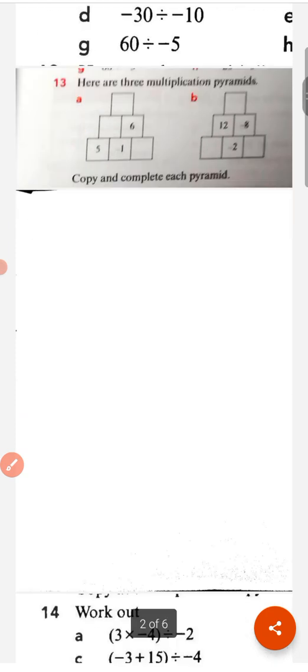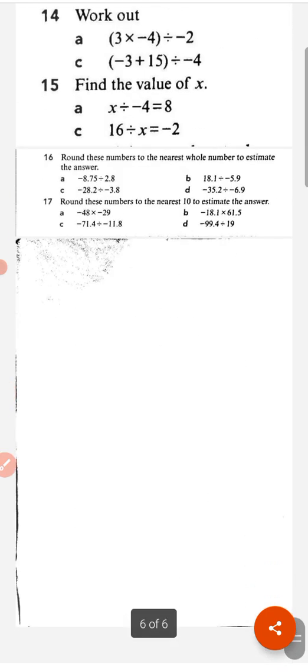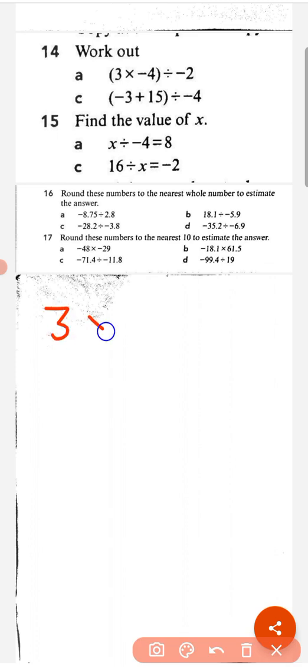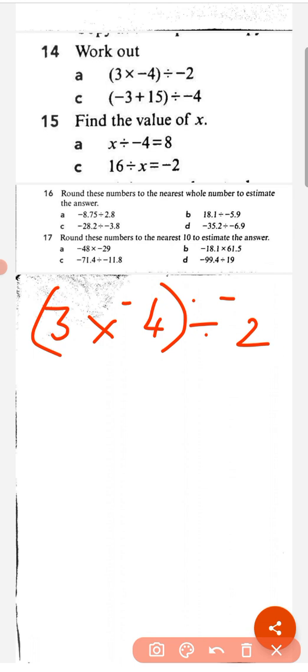Now children, next question is 3 into negative 4 inside the bracket, divided by negative 2.